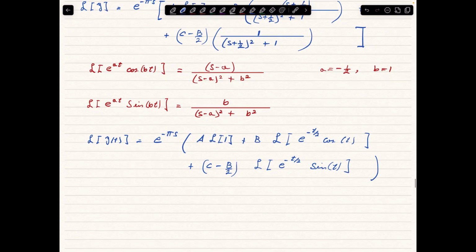This is the same as exponential minus pi s. And now we have one big Laplace transform of a plus exponential minus t over 2. I'm going to put one Laplace transform for this function times that, this function times that. I can pull the common factor of the exponentials. And then we are going to have b cosine of t plus c minus b over 2 sine of t.